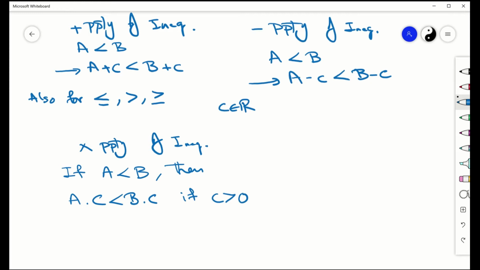Now it turns out that a times c is going to end up being greater than b times c if c is less than 0. And of course we don't want to multiply both sides of this by 0, because then you would get 0 is less than 0, which is not true. So let's see why this works out this way.